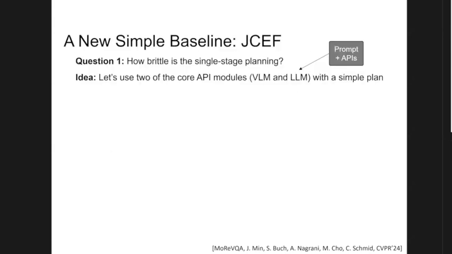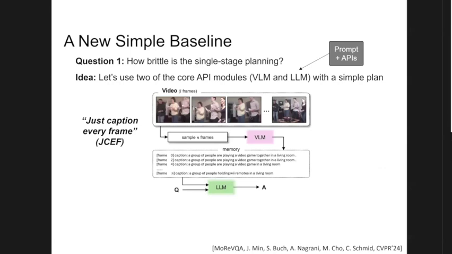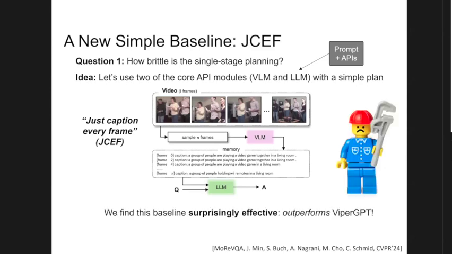Here we first had a simple baseline, which first captions every frame of the video, and then these captioned frames are taken as input together with the question and output an answer. This is a good baseline. I saw a paper yesterday that does something similar for reasoning traces. You can use this baseline to see how well it performs. Actually, it was surprisingly efficient and outperformed models like these program generators, such as ViperGPT.